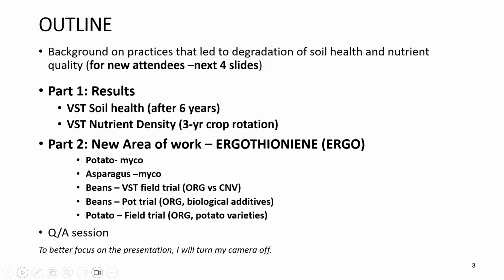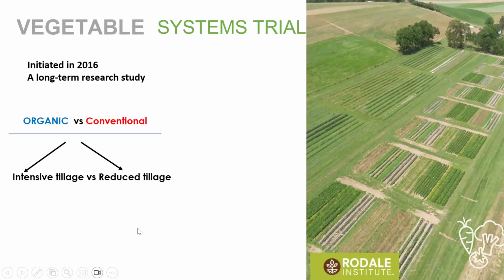All right, for those who have joined us recently and do not know much, or want to refresh your information, the vegetable systems trial was initiated in 2016 as a long-term research study. It is established at Kutztown, Pennsylvania, the headquarters of Rodale Institute, with the aim to compare side by side vegetables grown in organic and conventional systems.